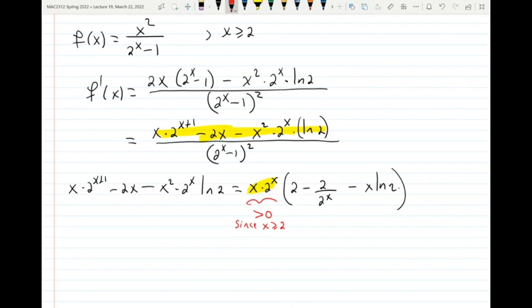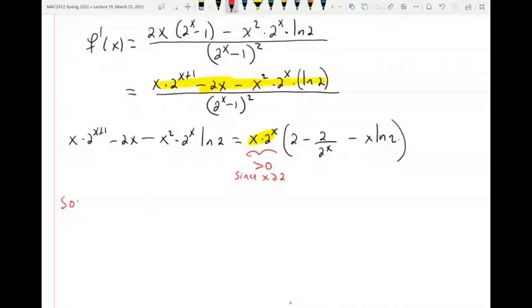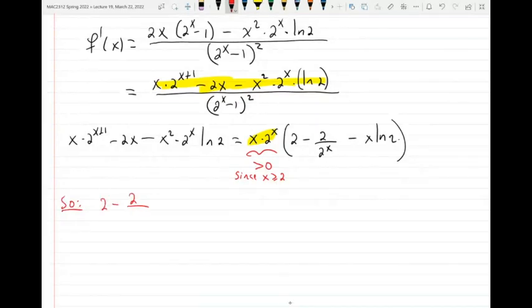So this factor here is positive. So the sign of this expression relies entirely on this parenthesis. I'm going to work with this parenthesis then: 2 minus 2 over 2 to the x minus x ln of 2.